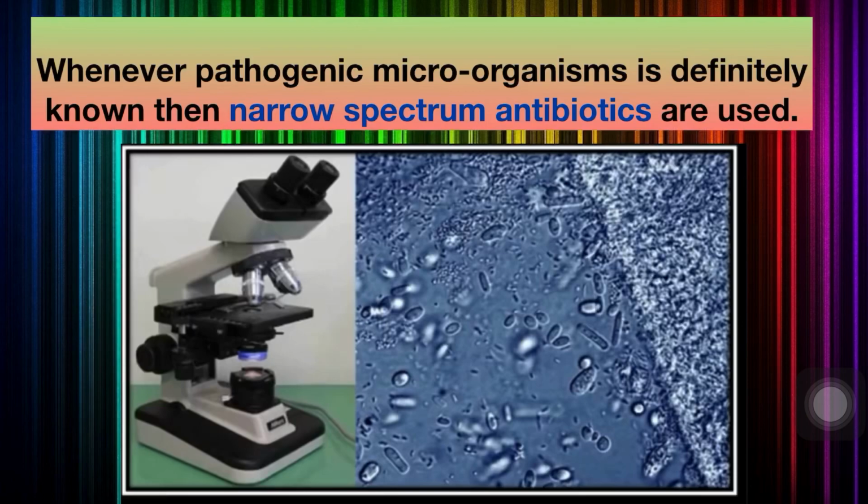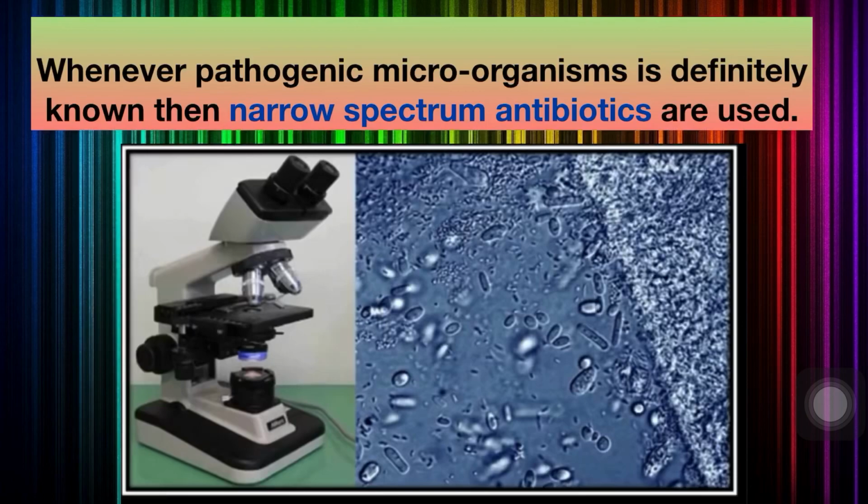Examples are penicillin, gentamicin, erythromycin, etc. The National Institute of Virology, established in the year 1952 in Pune, undertakes research related to diseases like measles, jaundice, fever, and diseases of the lungs, with support from the World Health Organization.